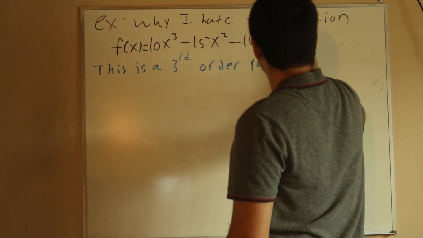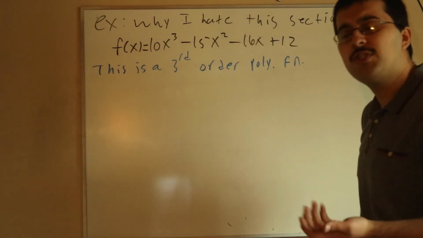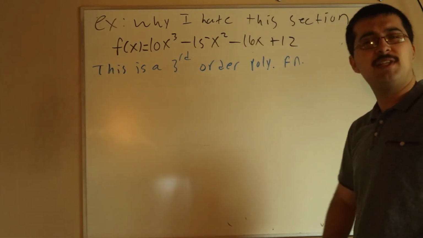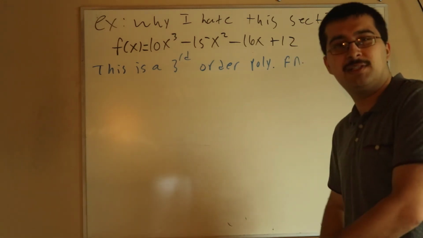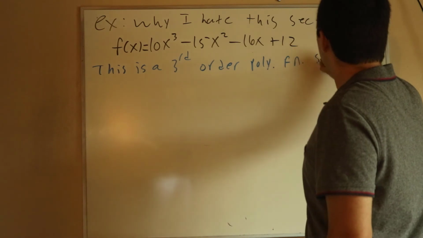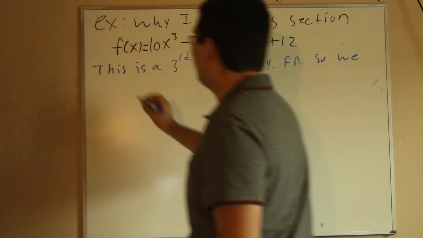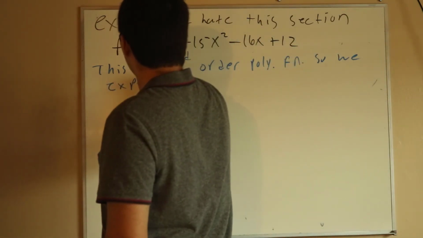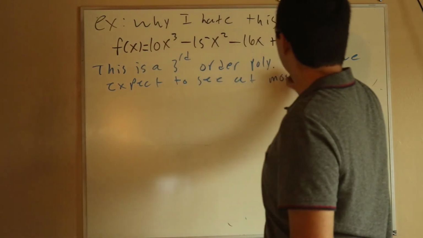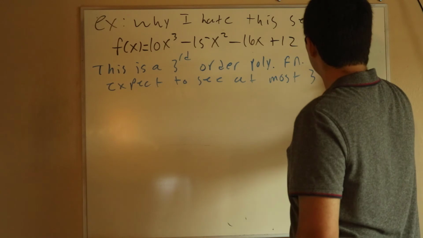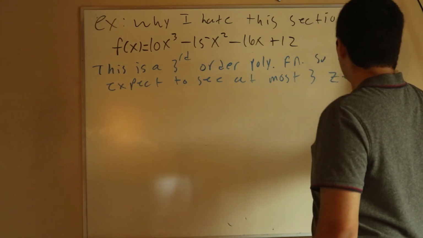So how many zeros do we expect at most to see for this polynomial function? Well, third order, we expect to see at most 3 zeros. Okay, that's nice to know.